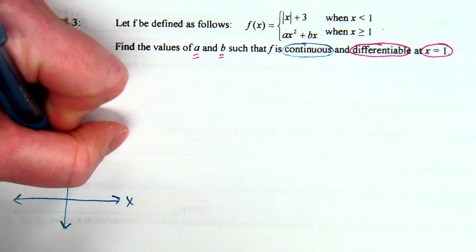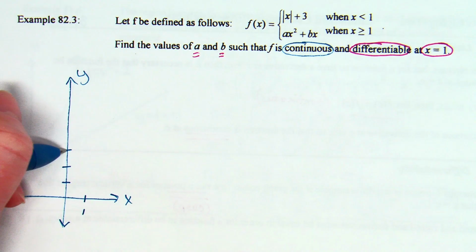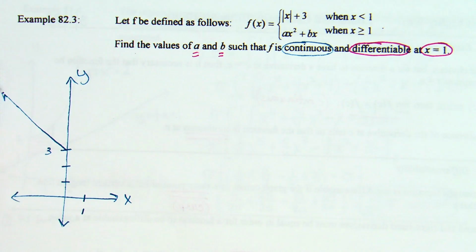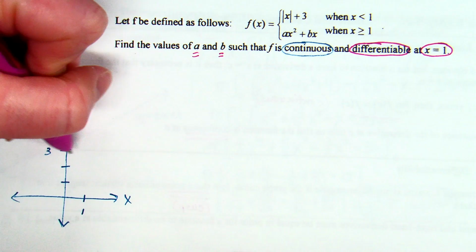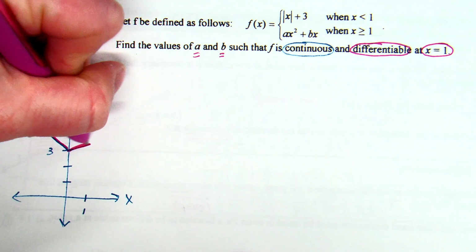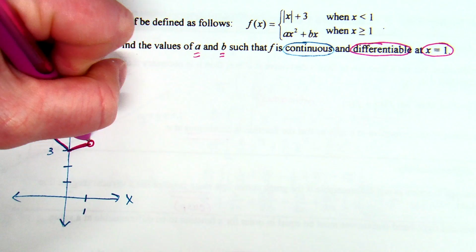And when is that? That is when x is less than 1, correct? So this v goes left of the y-axis, and it goes over here to 1, and then notice it says x is less than 1. So at 1, we don't know, right?